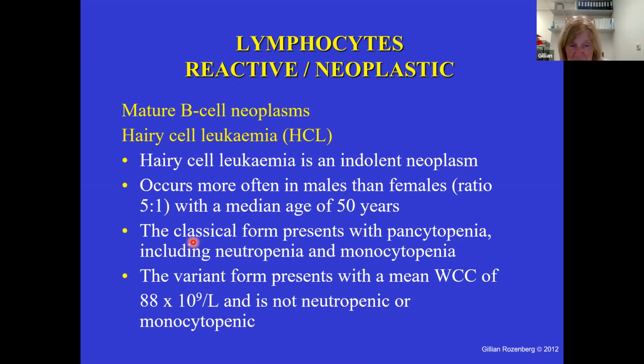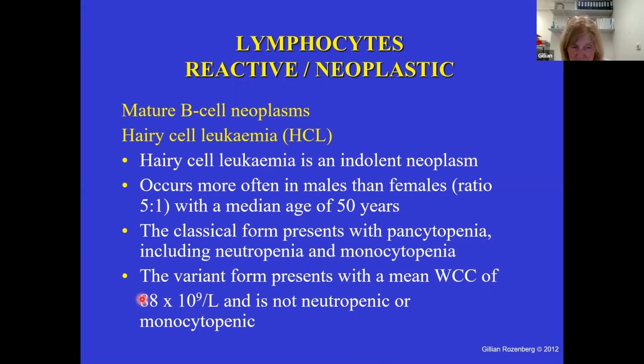There are two forms. The classical form presents with a pancytopenia, so all 3 cell lines reduced, including a neutropenia and a monocytopenia. And then the variant form presents with a mean white cell count of 88 by 10 to the 9th per liter, and it's not neutropenic or monocytopenic. I just want to talk about this 88.